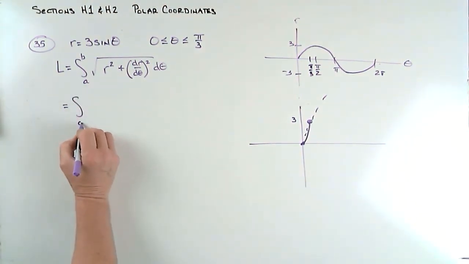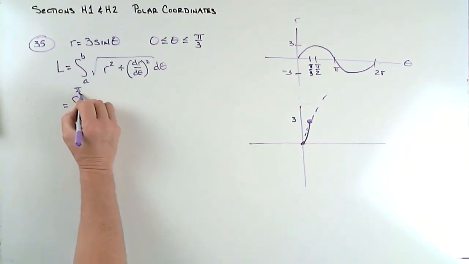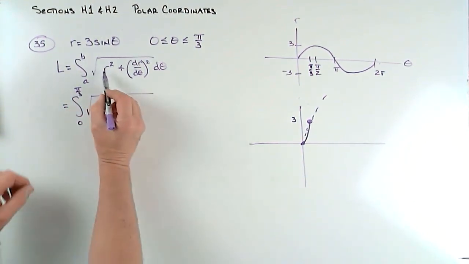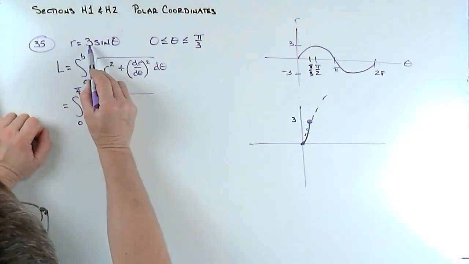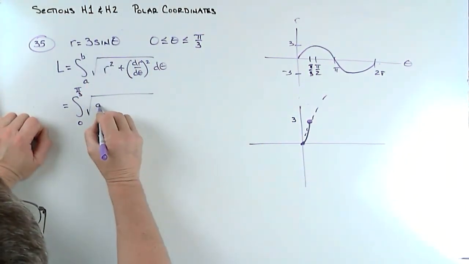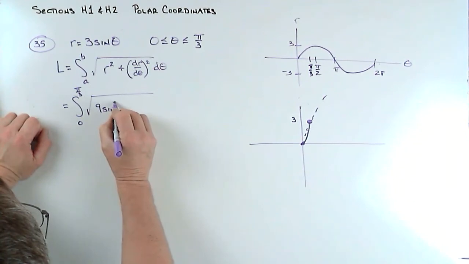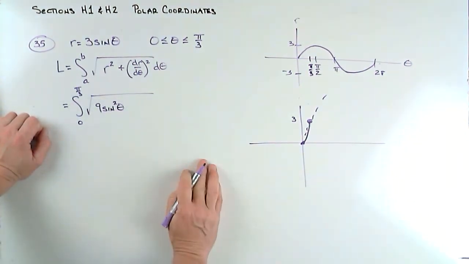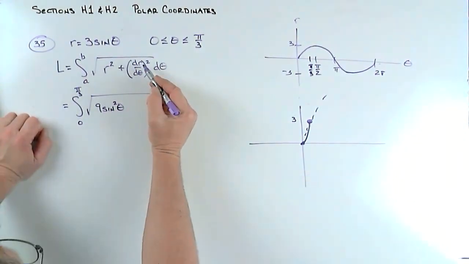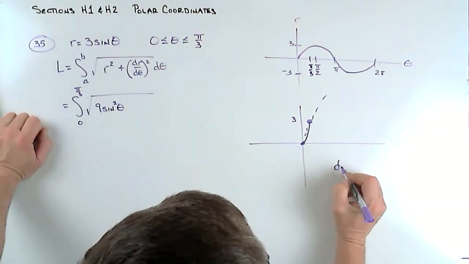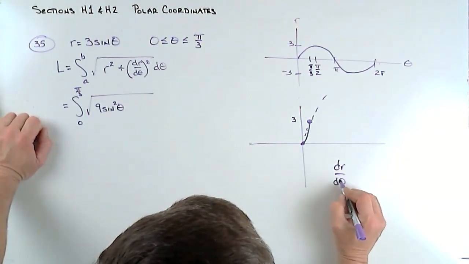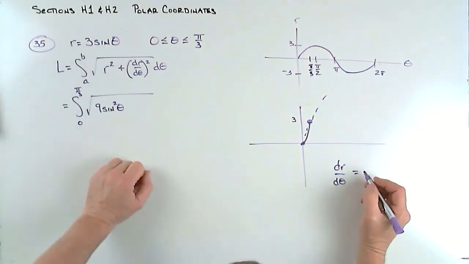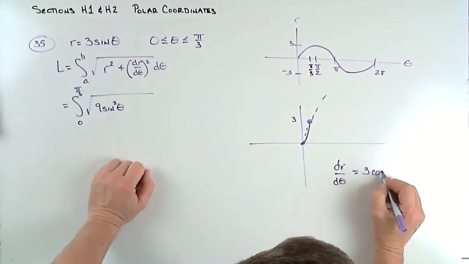So what do we have? We're going to have the integral from 0 to pi over 3. We're going to have the square root of r squared. Now r squared is going to be 9 sine squared theta, plus dr d theta squared. So we can come over here to our scratch area and do dr d theta. The derivative of 3 sine theta, of course, is going to be 3 cosine theta.